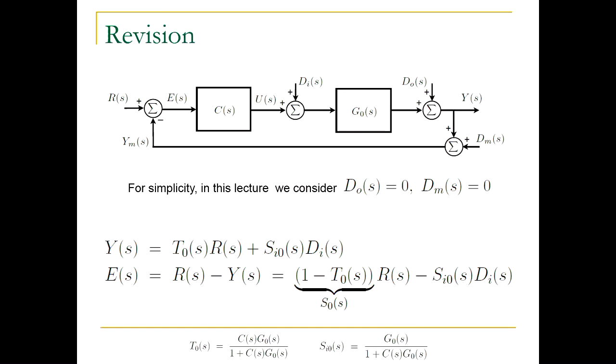By the way, this sensitivity is 1 divided by 1 plus C G0. This is something that you've seen already. All of this algebra of block diagrams is something that you should be very comfortable with.